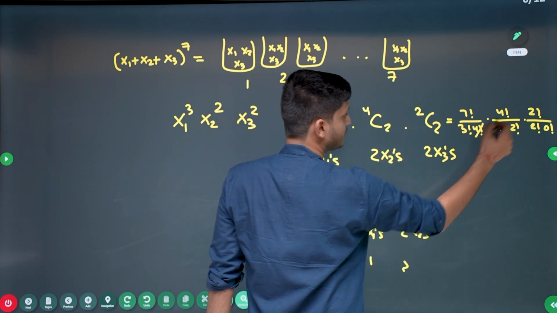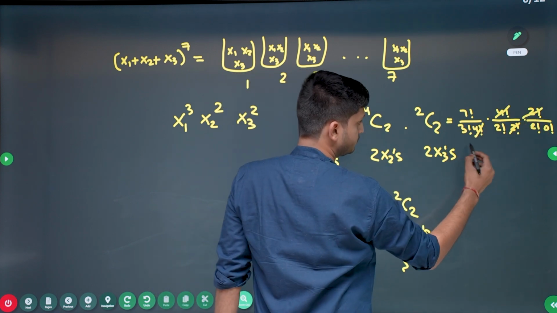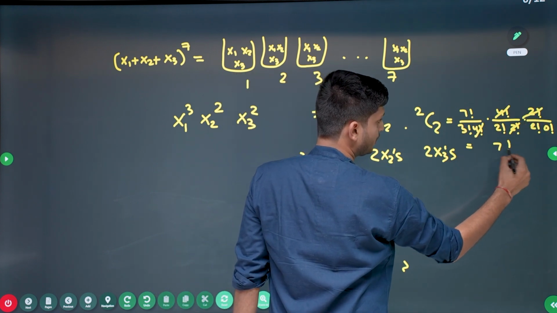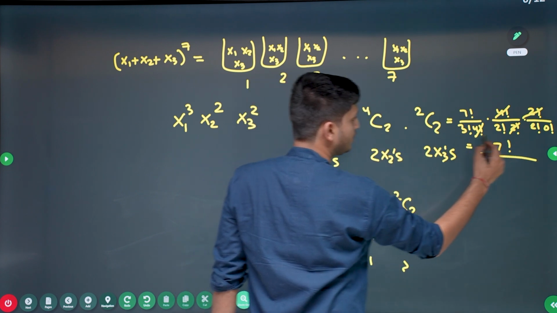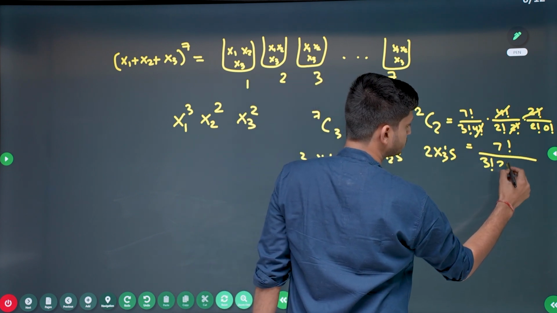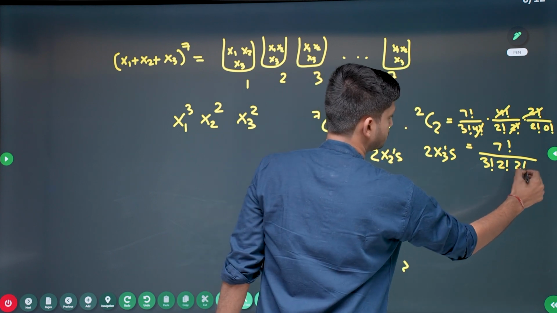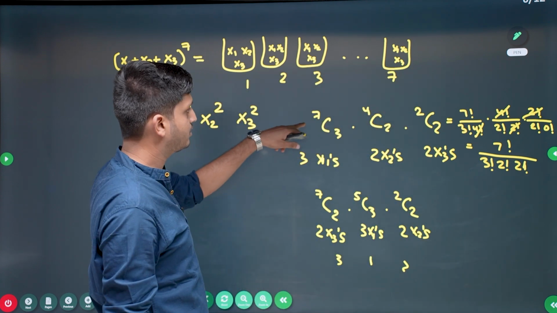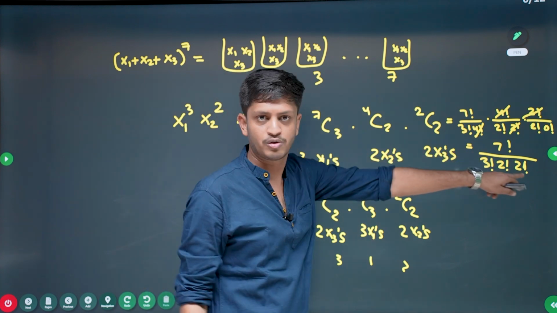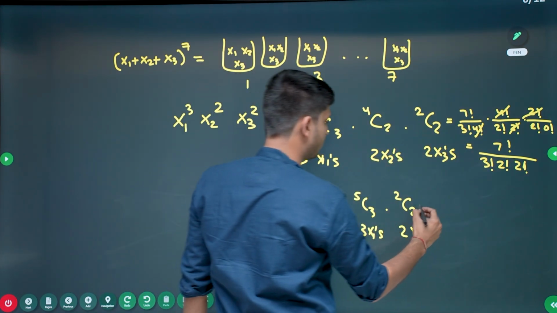So these will cancel, and you will have 7 factorial upon 3 factorial, 2 factorial, 2 factorial.